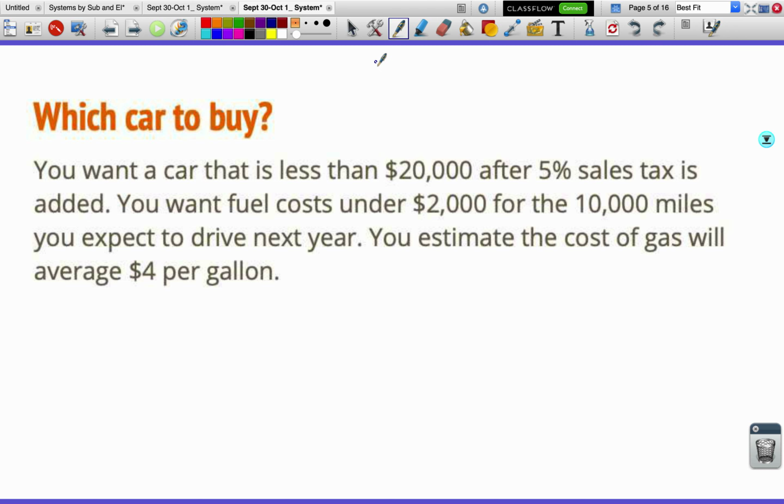So let's define a variable. We'll say S equals the sticker price. All right, so that's the price that's advertised on the car's windshield and does not include sales tax.